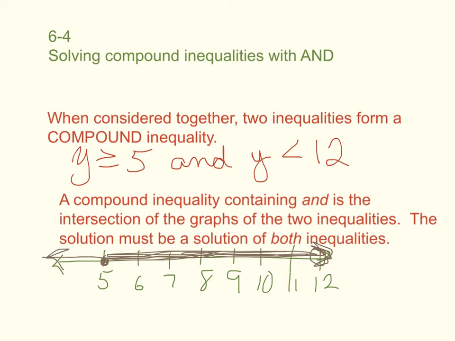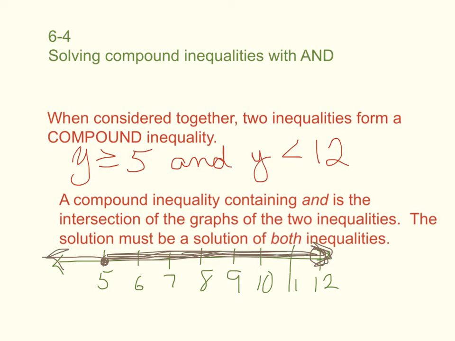The intersection of that is the place where both of those things are true, where the shading overlaps. So sometimes it could be helpful to shade with two different colors, or if you're doing it in Notability, just choose two different colors to do the shading in. And I probably should have done that on this one.